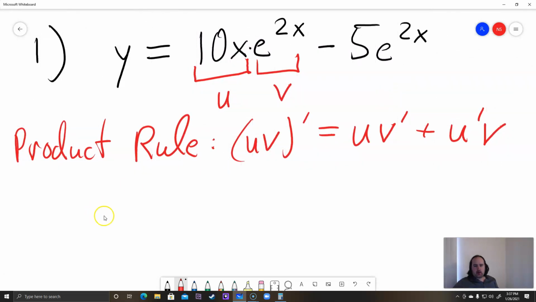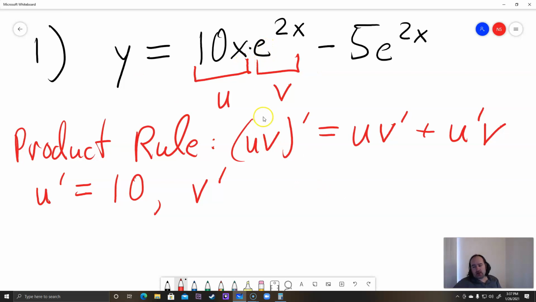Here u is 10x. To calculate u prime, I can write that over here. So u prime is going to be the derivative of 10x. Remember, the derivative of a constant times the variable is just the constant, so this is just going to be 10. Then v prime is going to be the derivative of e to the 2x.